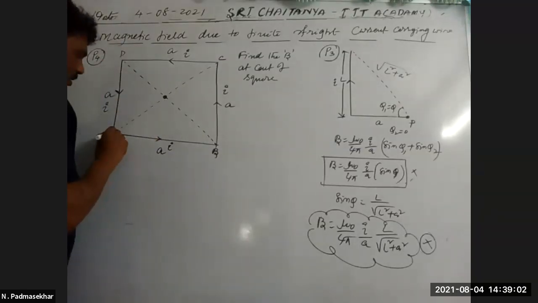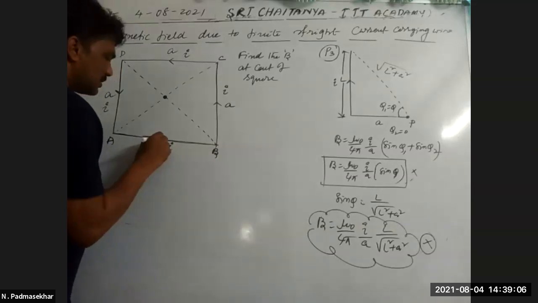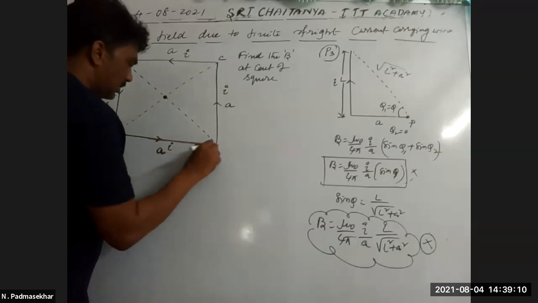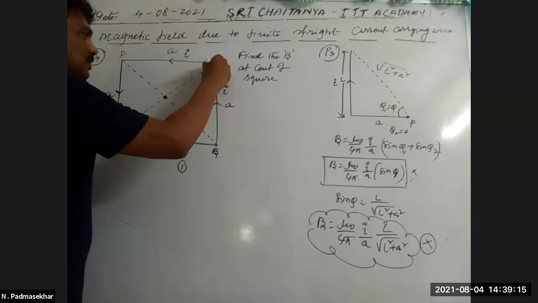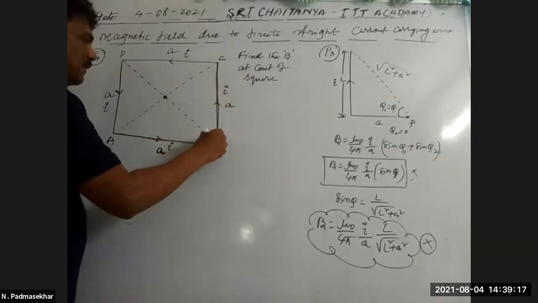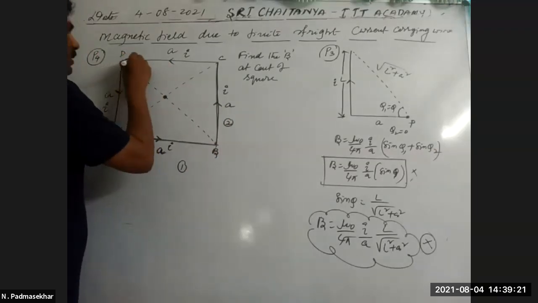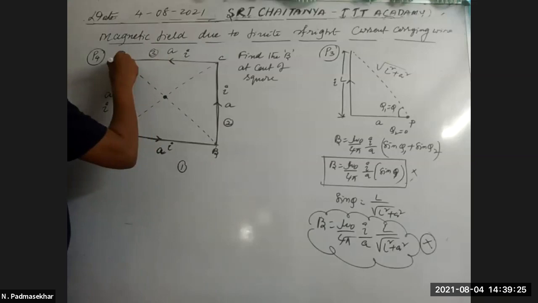This square is the combination of 4 current carrying conductors of length A. This is the first current carrying conductor, this is the second, this is the third, and this is the fourth.